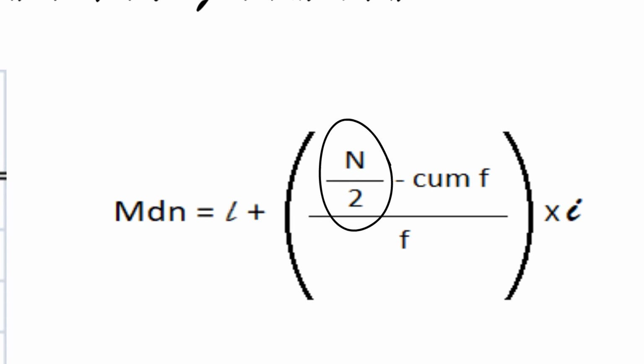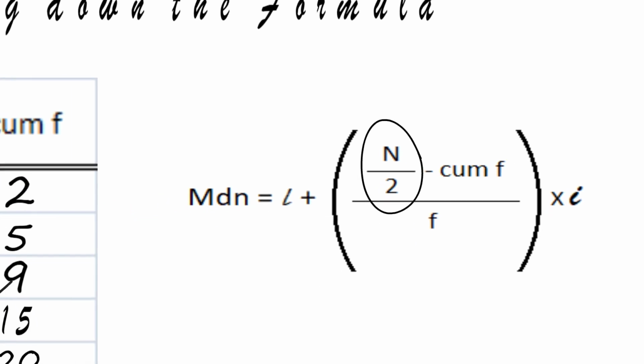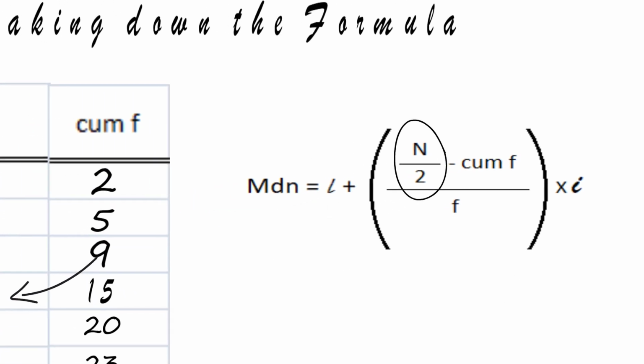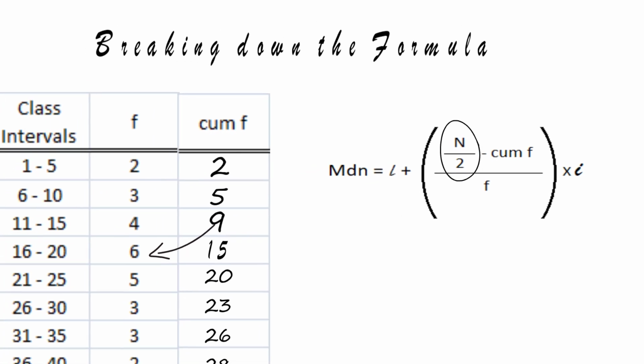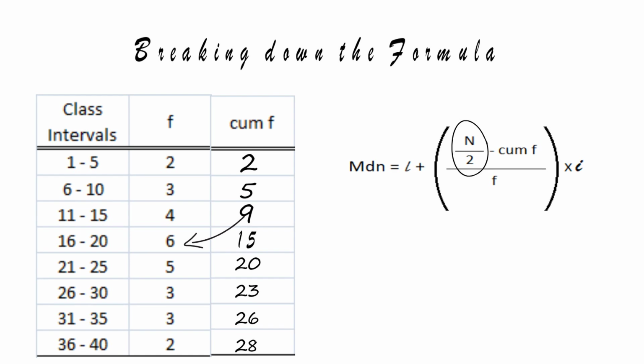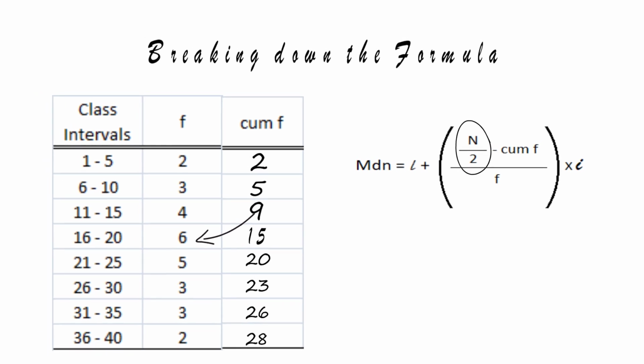When we divide n by 2, the number we get points to the class interval containing median. N is the total number of scores in the distribution, which is already present here as the last cumulative frequency. N is equal to 28.